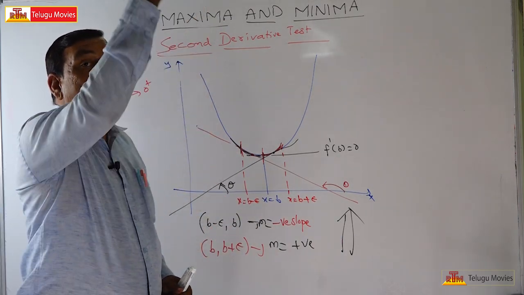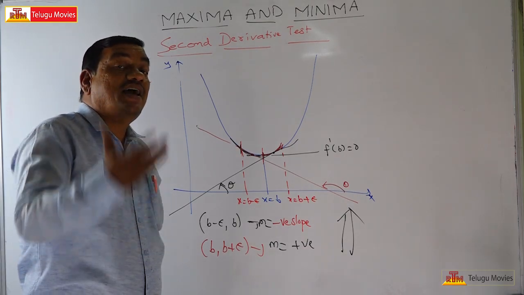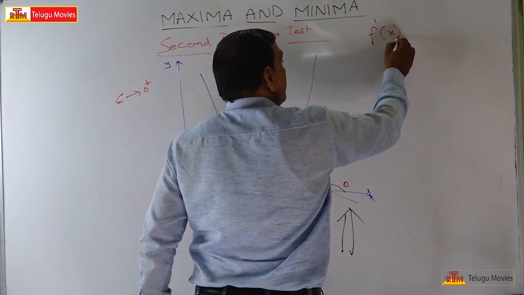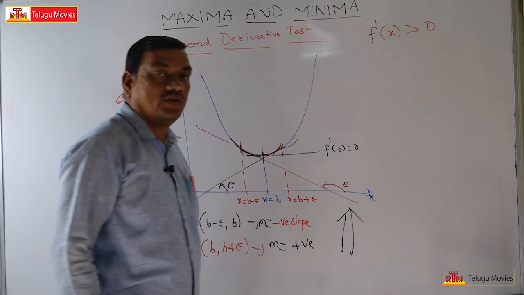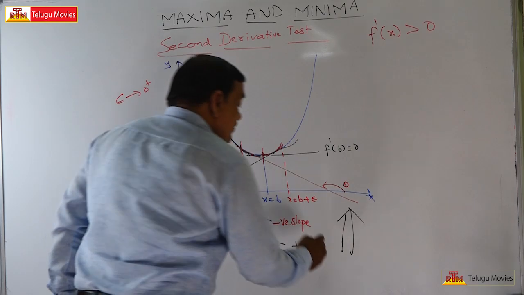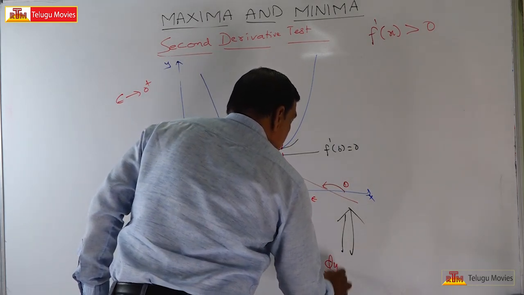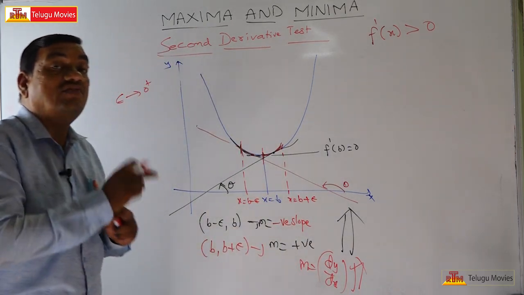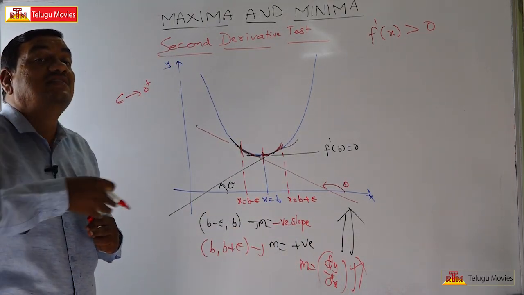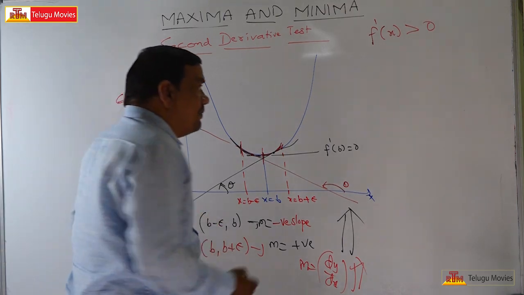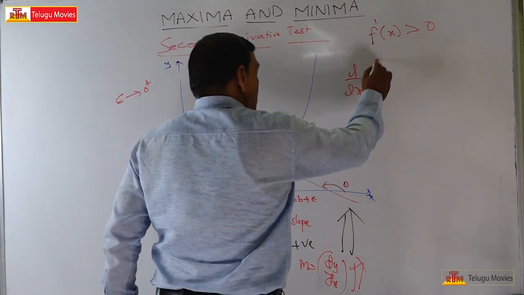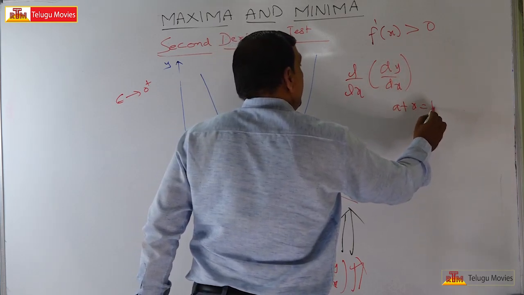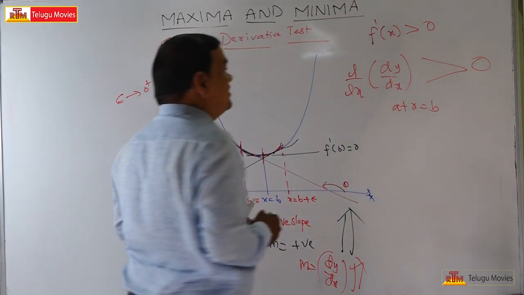When they are increasing, slope means it is a function, dy by dx. It is the slope, and it is increasing. What is increasing? dy by dx is increasing. The slopes of the tangents are increasing. That means the second derivative, d square y by dx square, at x is equal to b should be greater than 0.